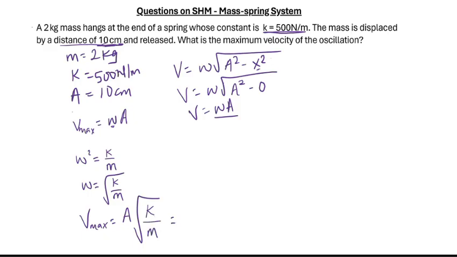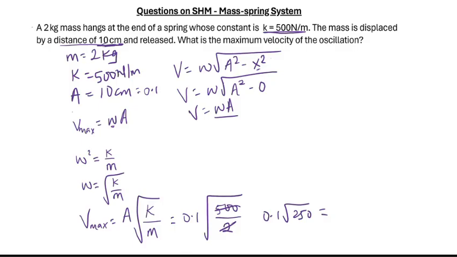If I plug in my values, remember the amplitude should be converted into meters, which is divided by 100, which is 0.1. Plugging it in, we have 0.1 square root of our constant, 500, over our mass, 2. That is 250, so 0.1 square root of 250, and we should punch this inside the calculator.